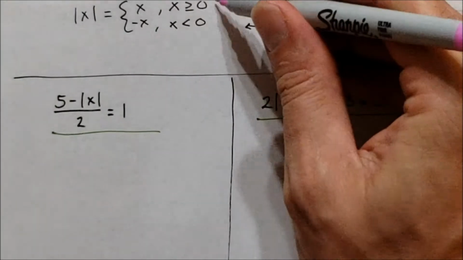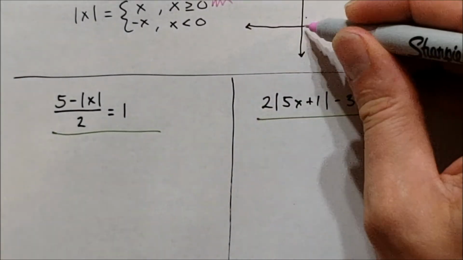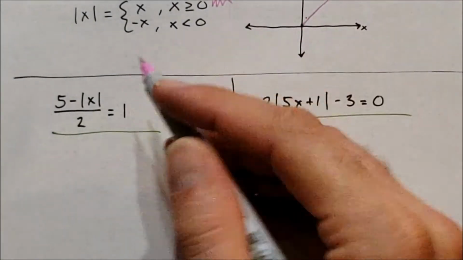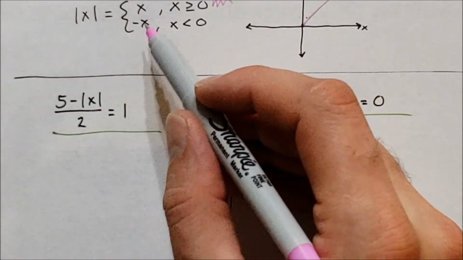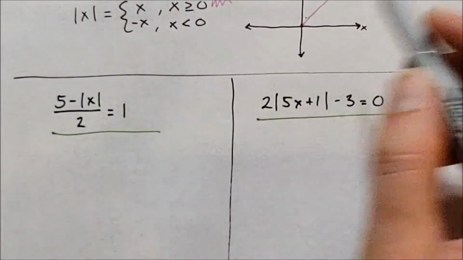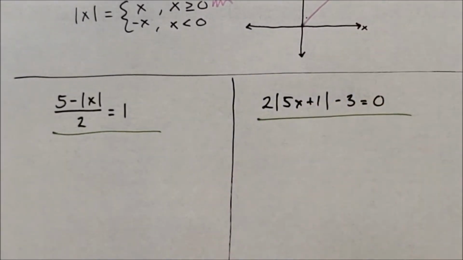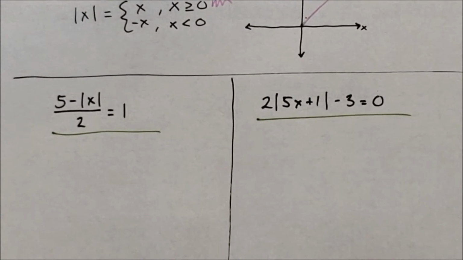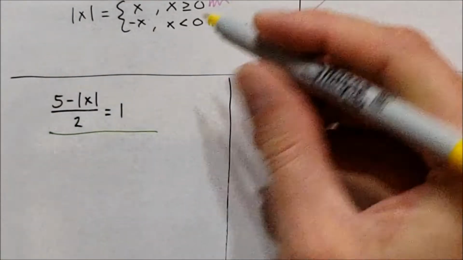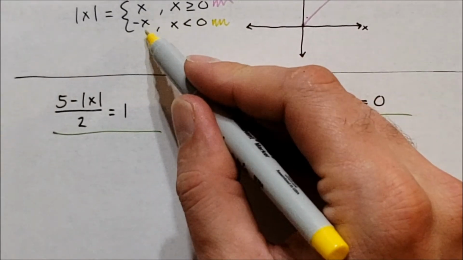number. So on the positive side, it is just the function y equals x when x is greater than or equal to 0. So on that domain, just greater than or equal to 0. But when x is less than 0, it's the opposite of that.